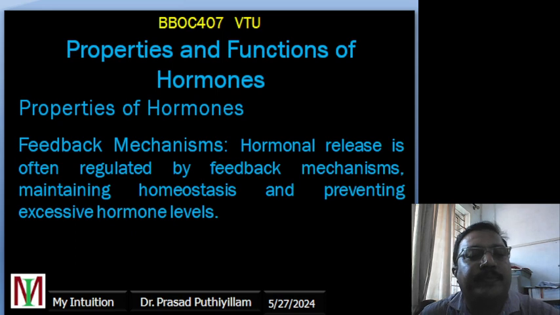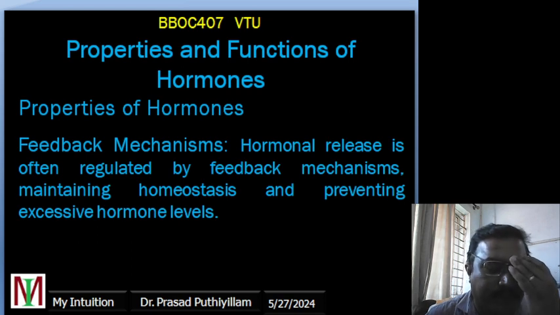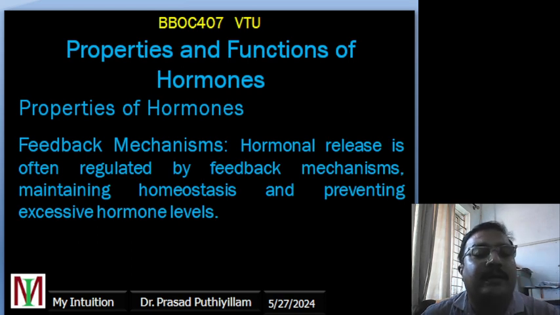That is a type of positive feedback. Now, why are these types of feedback mechanisms very important? Maintaining stability is the main case. Then we have to adapt to the changes, and excessive hormone production also needs to be controlled.